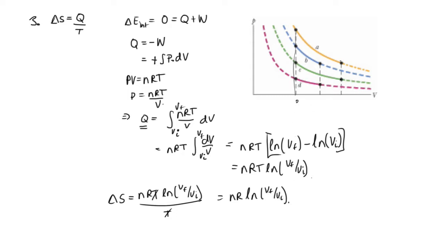They've all got the same V initial. So this tells us that for A and C, we've got the same value, and then for B and D, V final is equal to each other but less than this. So the change in entropy is less than A and C but equal to each other.